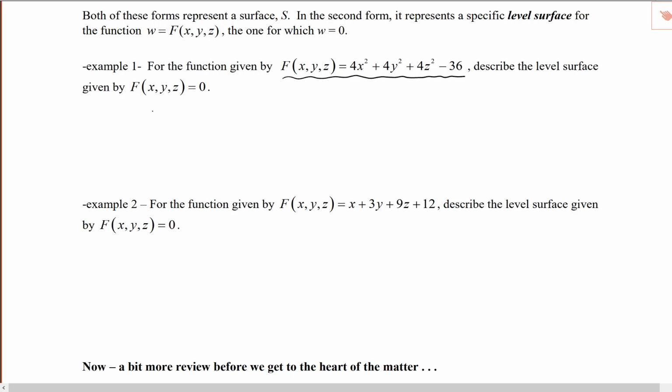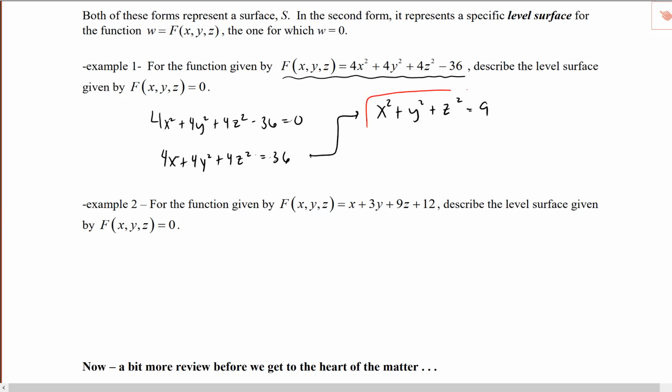We're just going to set that function equal to 0. We can move the 36 to the other side, and we can divide everything by 4. Do you recognize what type of surface this is? Yep, you got it. This is a sphere centered at the origin with a radius of 3.